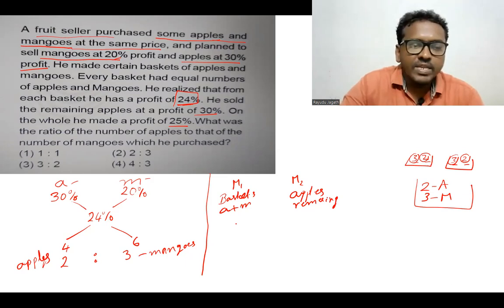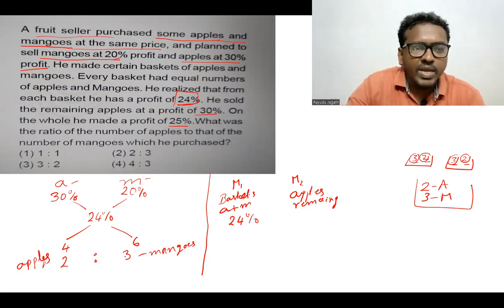The basket has a profit of 24%. Clearly mangoes are sold in greater number compared to apples, therefore the remaining apples have to be taken, and they are sold at a profit of 30%.